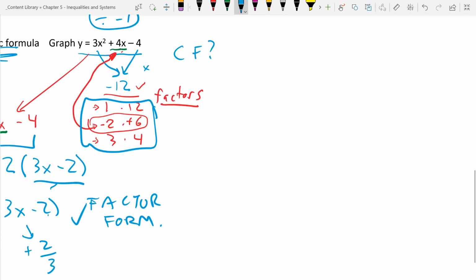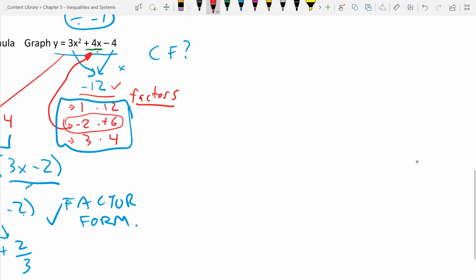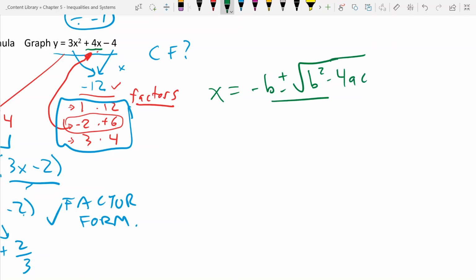I'm going to do the same question, but using the quadratic formula instead. I'm going to write out what it is first: negative b plus or minus the square root of b squared minus 4ac, over 2a. Remember, a is the first number, b is the second number, and c is the third number, like the coefficients and the number by itself at the end. Now we're going to sub in our numbers.